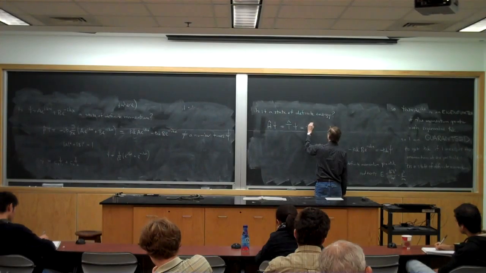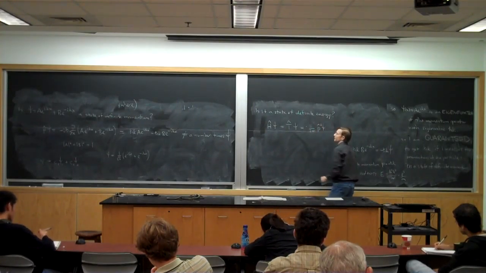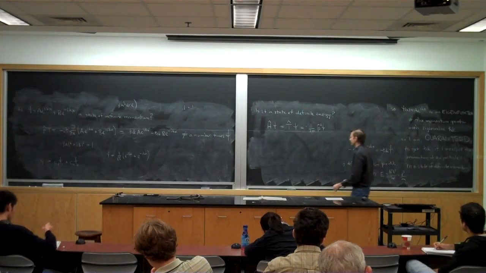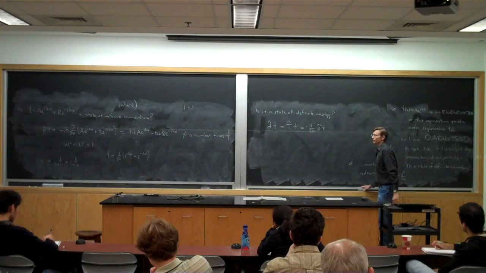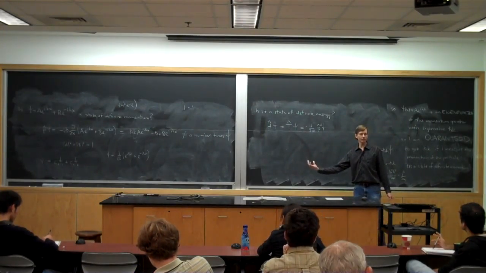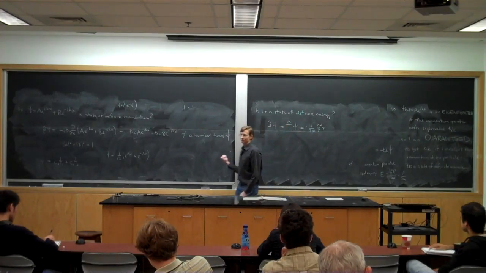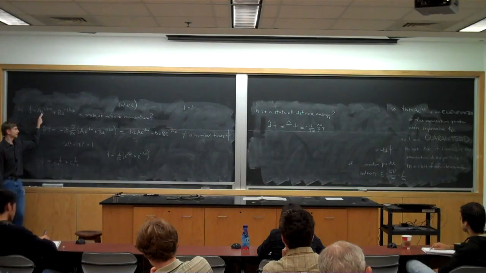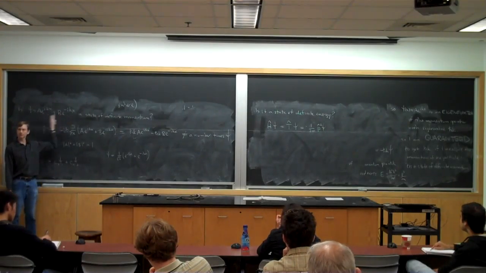But that's 1 over 2m times the p squared operator, minus h bar squared d squared dx squared. But what does p squared do when applied to either one of these states? P for this state gives h bar k. P for this state gives minus h bar k. So what does p squared give for either one of them?